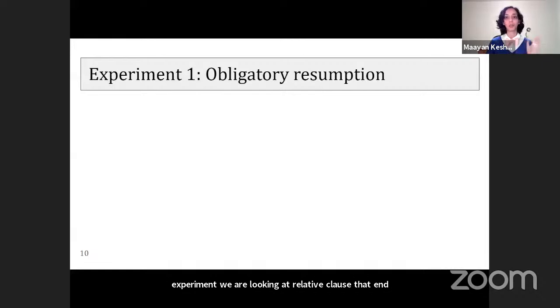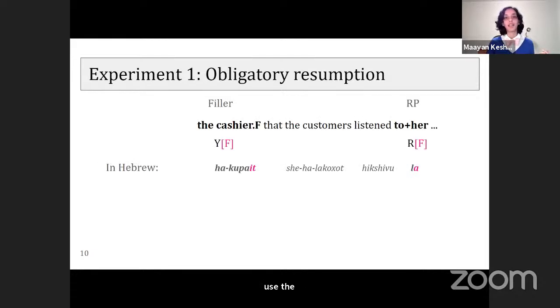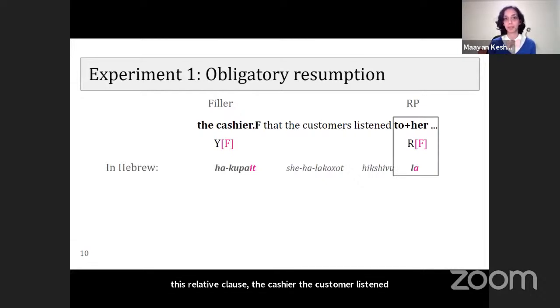And therefore, we use the environment where resumption is obligatory in Hebrew, that is in the indirect prepositional object position. And so let's have a look at an example from the study. So in this relative clause, the cashier that the customers listened to her, הקופאית שהלקוחות הקשיבו לה, we have a resumptive pronoun which triggers the retrieval of the filler.